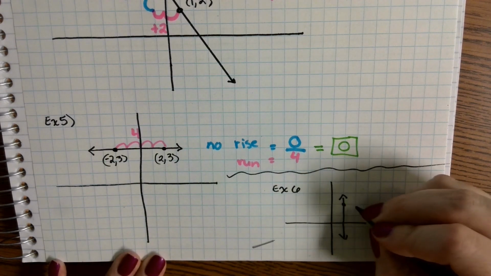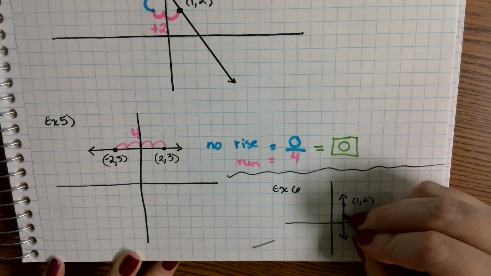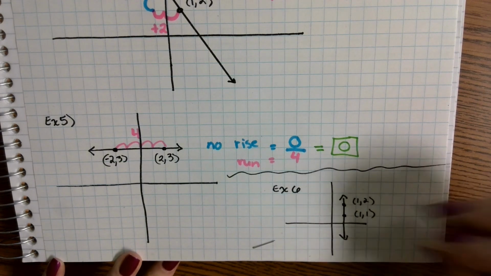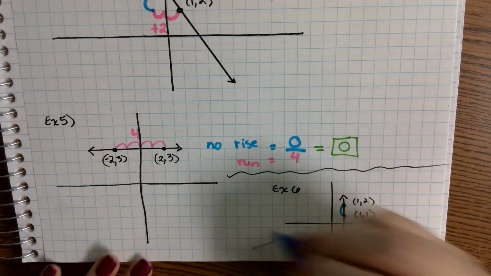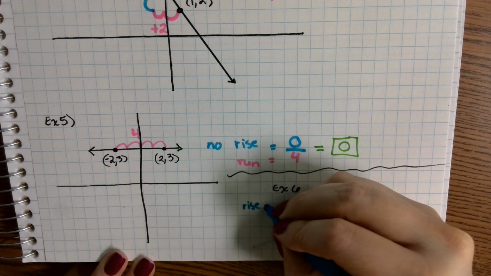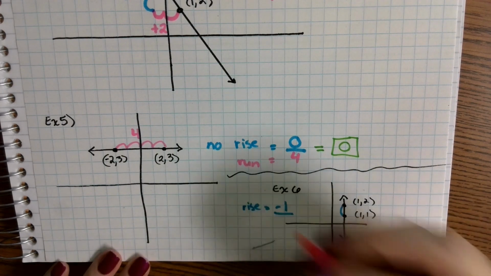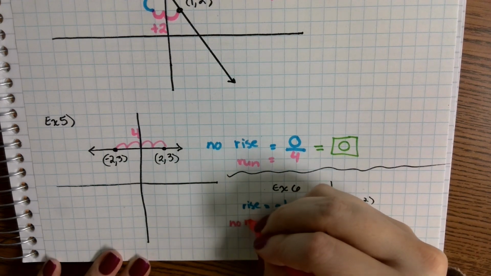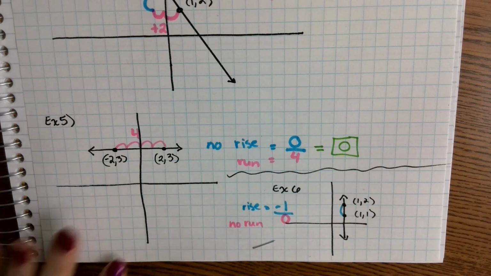Maybe I'll pick the point 1, 2, and 1, 1. And right now I have a rise of -1, but I don't have a run. There is no run, which means I get 0 for my denominator.